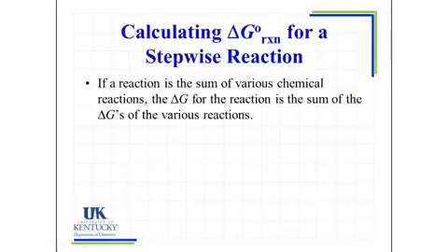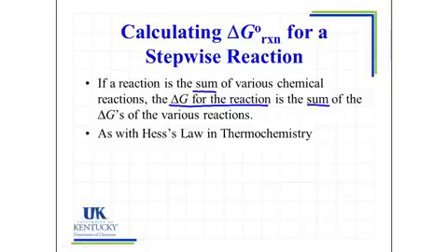Okay, so if a reaction is the sum of various chemical reactions, in other words, you can add up various reactions and come up with an overall reaction as the sum of those, then the delta G for the overall reaction is simply the sum of the delta G of those various reactions. Now, you did something very similar with delta H's in what was called Hess's law in thermal chemistry. Very, very similar process, but we're going to see it played out here with delta G's.